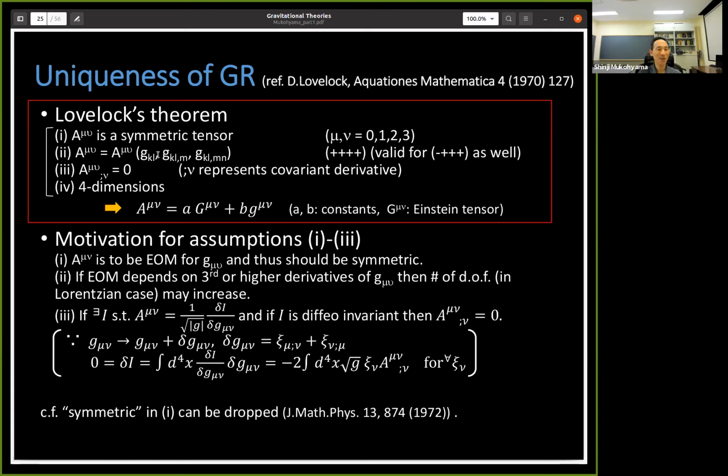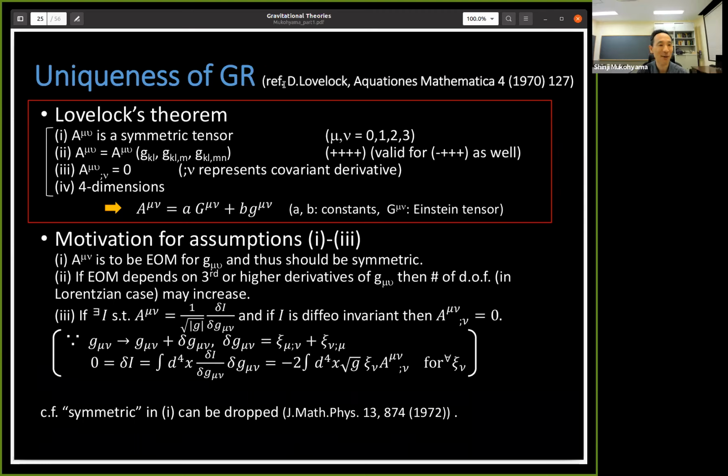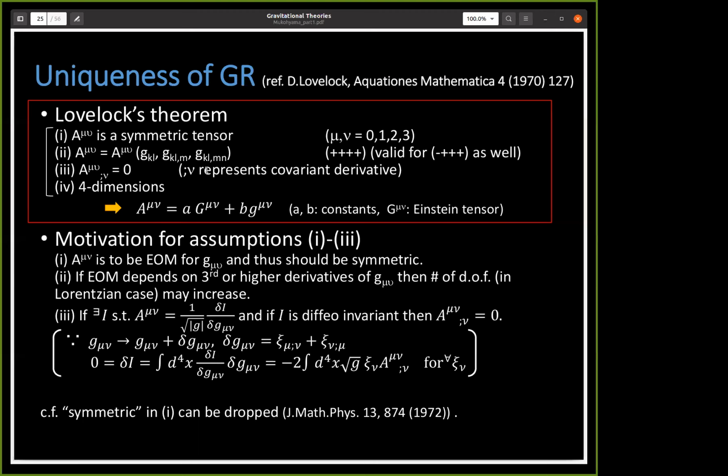Sorry, yes, I forgot to convert this k l to mu nu, say rho sigma, and this is rho sigma alpha beta. Yes, this is just a typo. Thank you. I originally followed Lovelock. I respected Lovelock, so I used Euclidean signature and i j. But then I decided to change it to space-time, so mu nu, and then I forgot to change it. Yeah, just a typo.